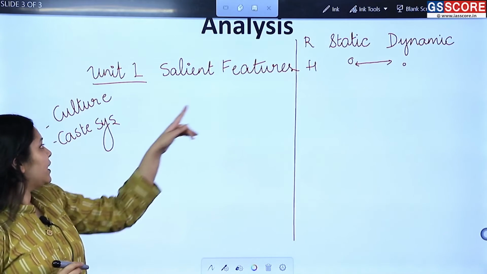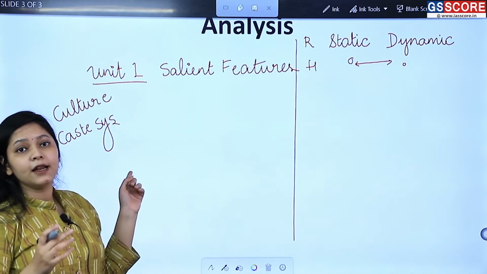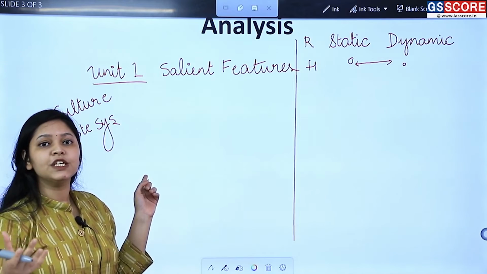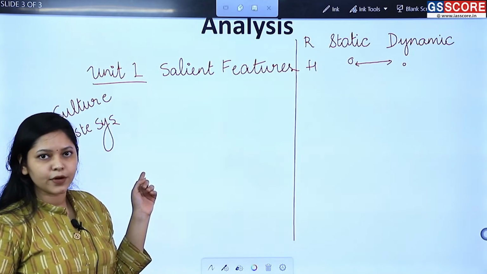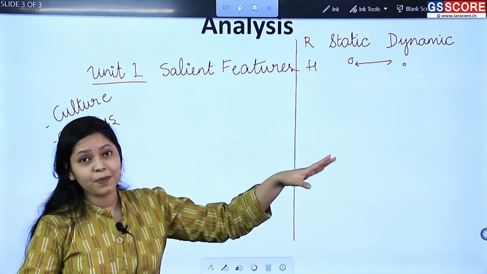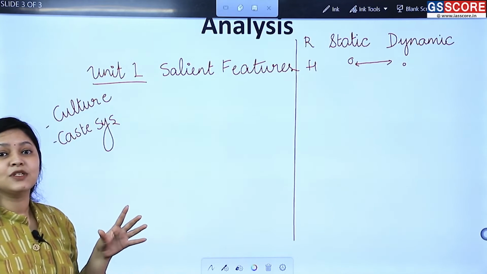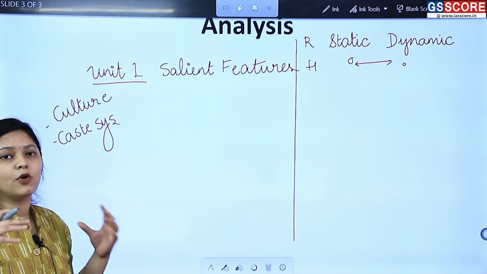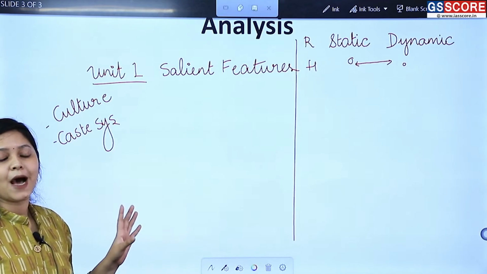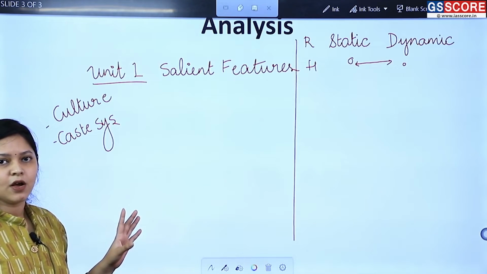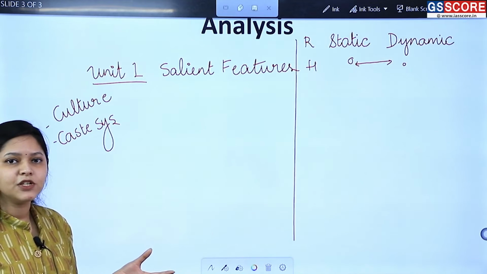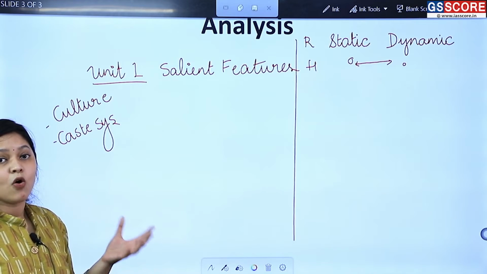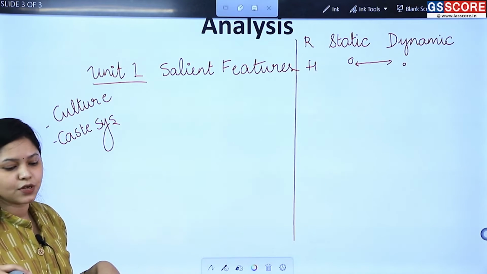For instance, the static question would have been: analyze the caste system as a unique institution of the Indian subcontinent. However, the dynamic part would be: the caste system is changing in its form, but it hasn't entirely been excluded or been banished from the Indian society. Or what are the contemporary features of the caste system? What are the new forms associated to the caste system?